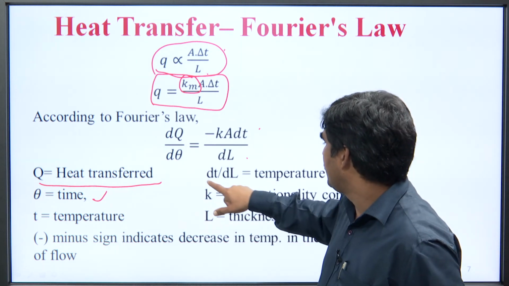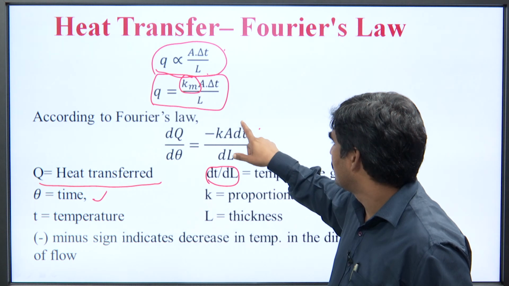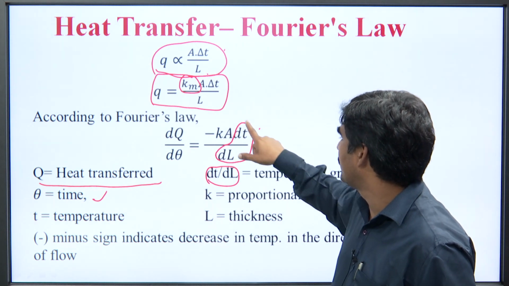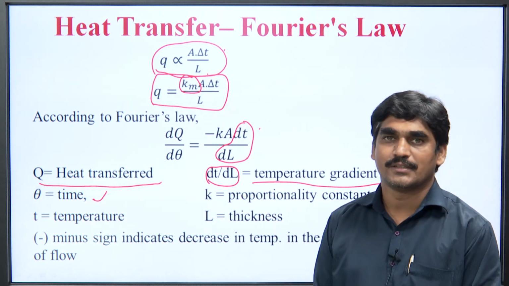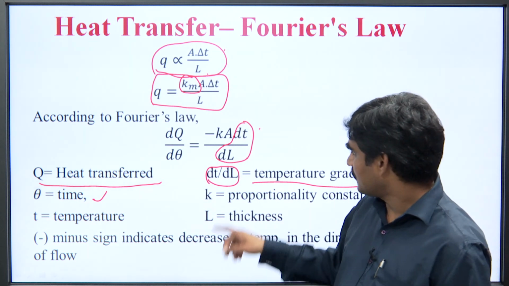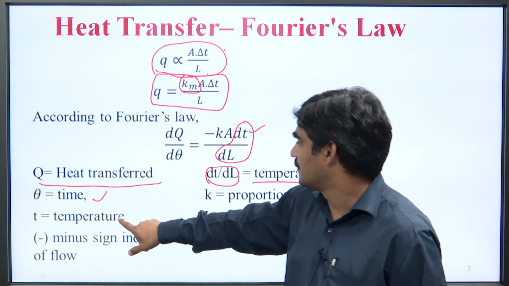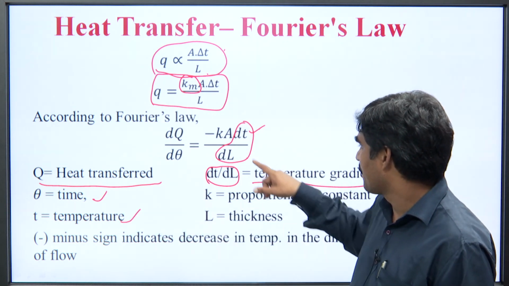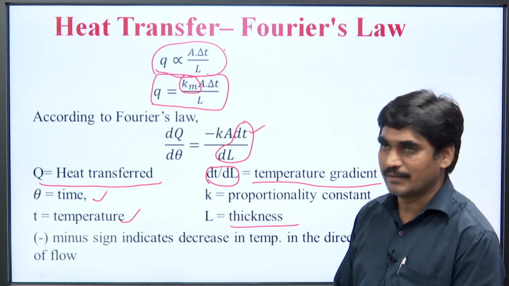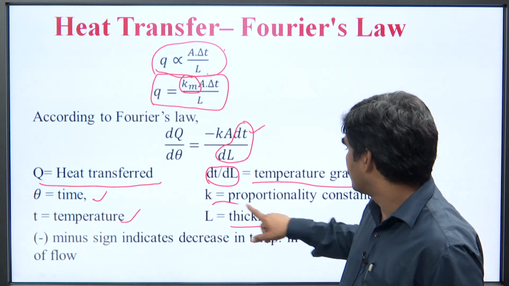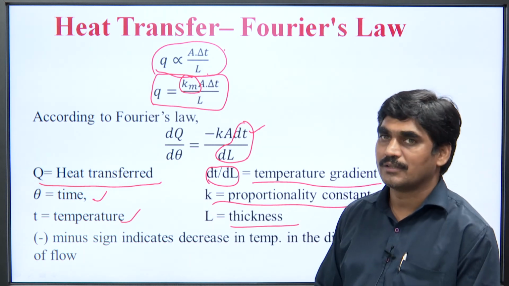Okay. dT by dL, this is called the temperature gradient. Small t denotes temperature, capital L is thickness of the material, K is the proportionality constant.